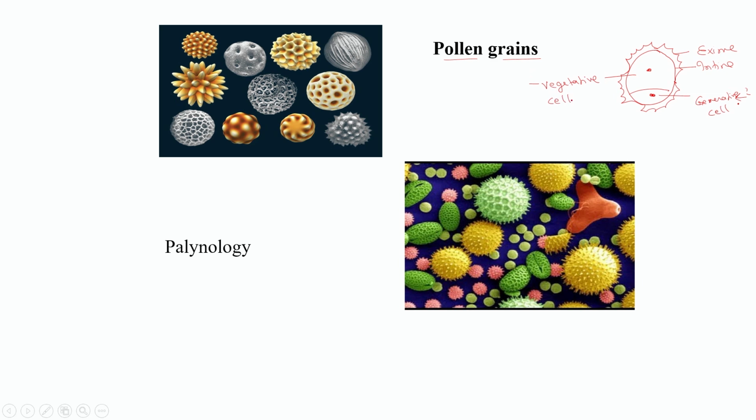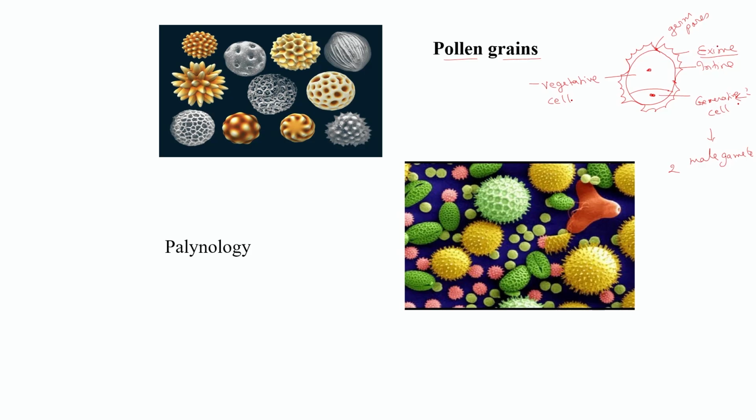Okay, so this generative cell will later give rise to two male gametes. So now here in the outer wall, which is exine, you can see at certain points pores are there. So these are known as germ pores.